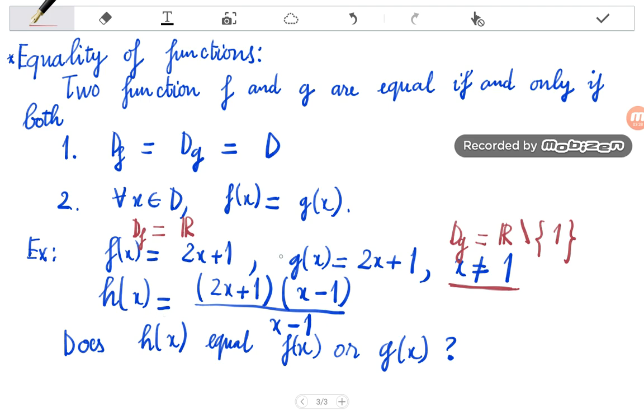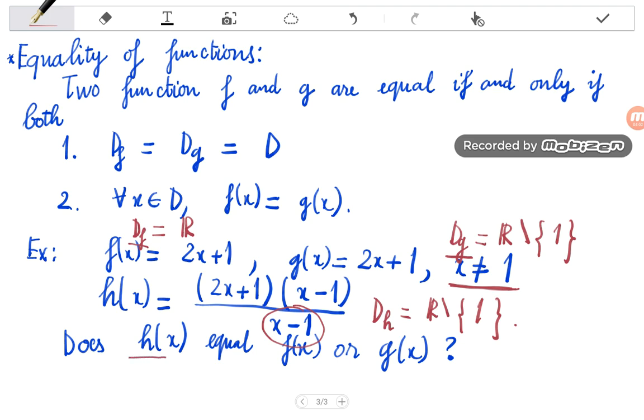And h is a fraction, and you know that for this fraction to be defined, we must have x not equal to 1. So the domain of h is R except for 1. You can see the domain of f is not equal to the domain of g.